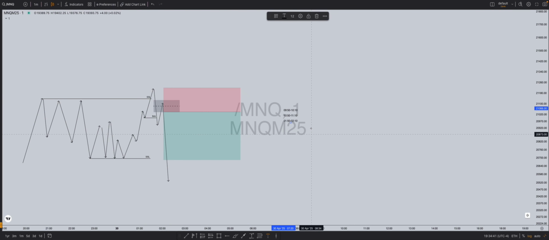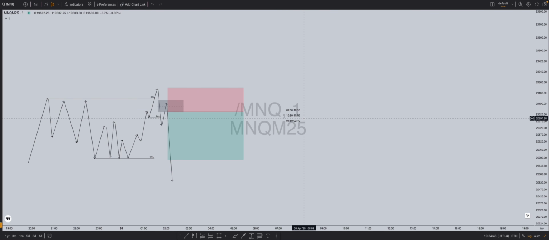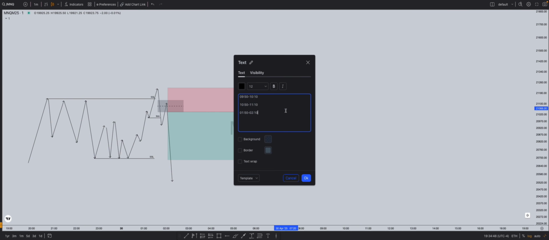If you can find a setup in any of those macros, I would also add maybe one more macro, the 11:50 to 12:10 macro. I like this macro as well.